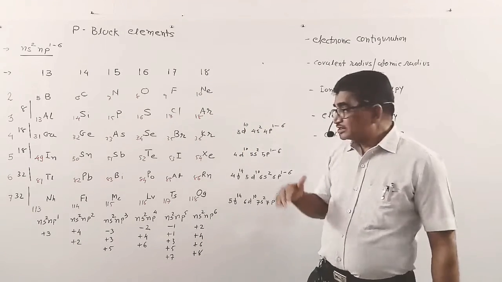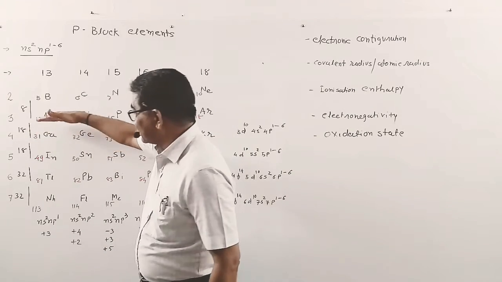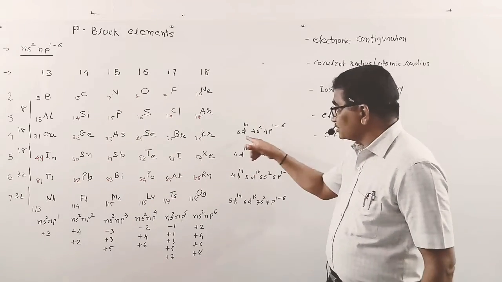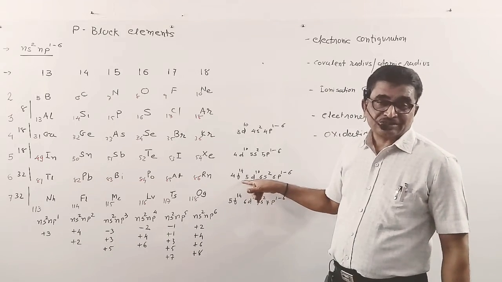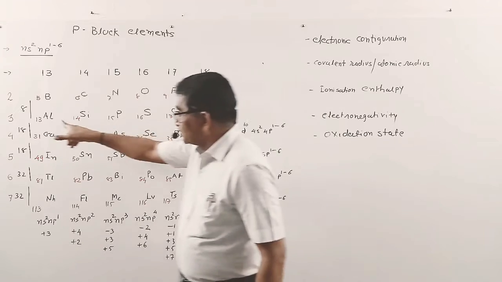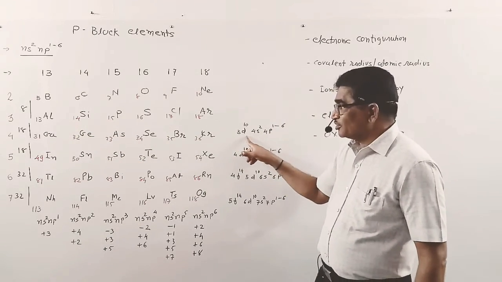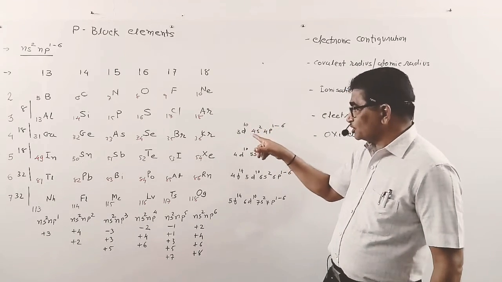When the difference is 18, 18, 32 and 32, d and f orbitals take place in the electron configuration. The difference between aluminium and gallium is 18, so gallium has d orbitals, while there are no electrons in d orbitals in aluminium.